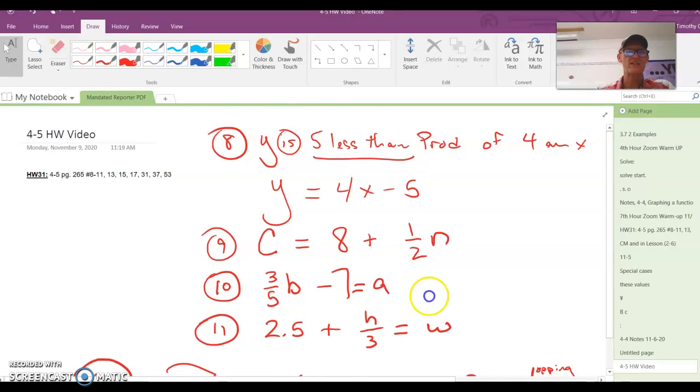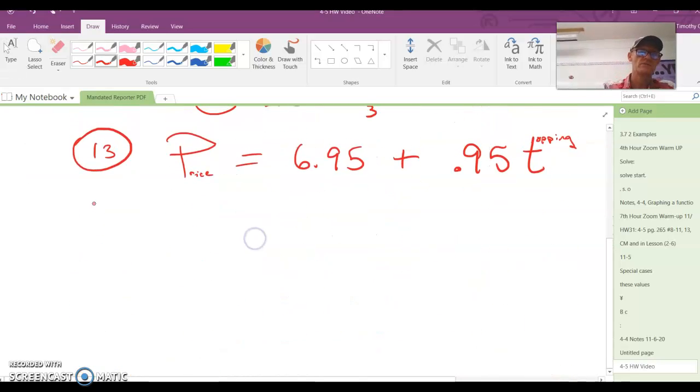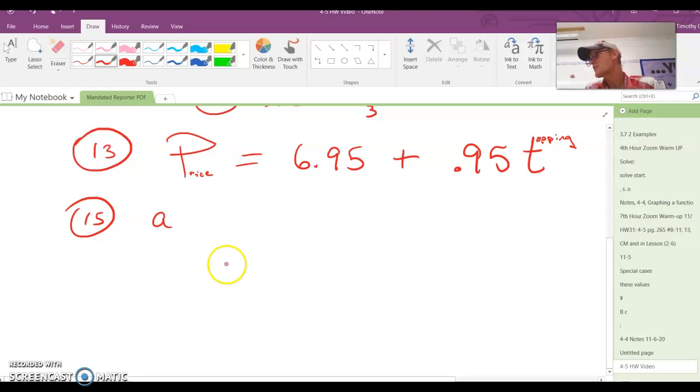Now 15. All right. 15 says the almond extract remaining in an 8-ounce bottle decreases by 1/6 of an ounce for each batch of waffle cookies.